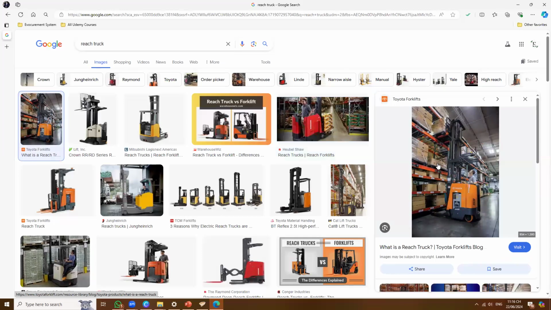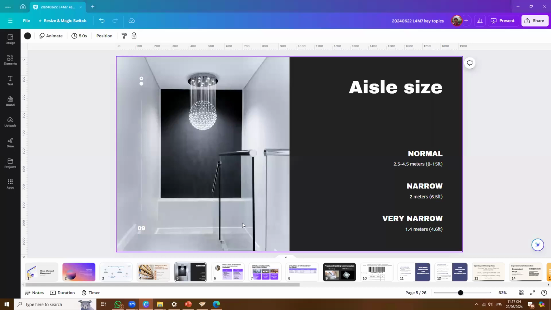So depending on the handling capacity and your need for storage, we may have different considerations and different selections for the equipment and for the size of the aisle. The bottom line here is that they need to be synchronized, right?